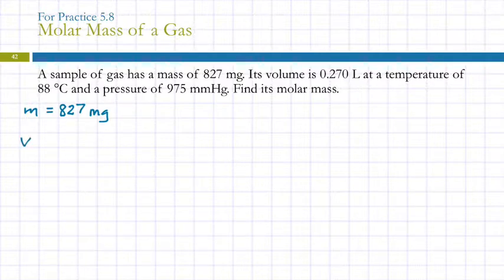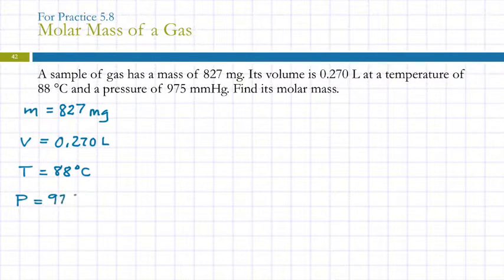Volume is 0.270 liters. Temperature is 88 degrees Celsius. Pressure is 975 millimeters of mercury. We're going to label everything.